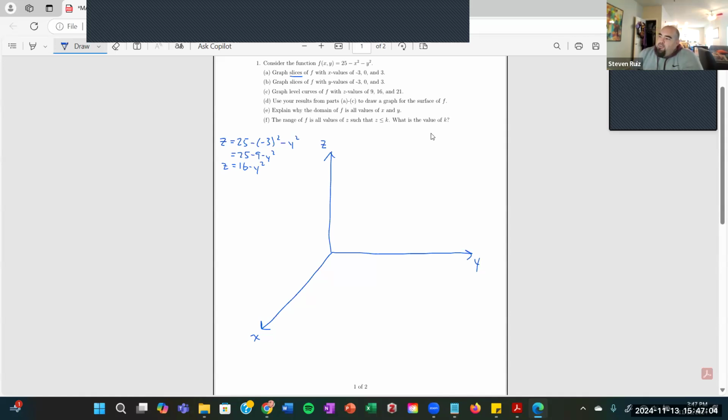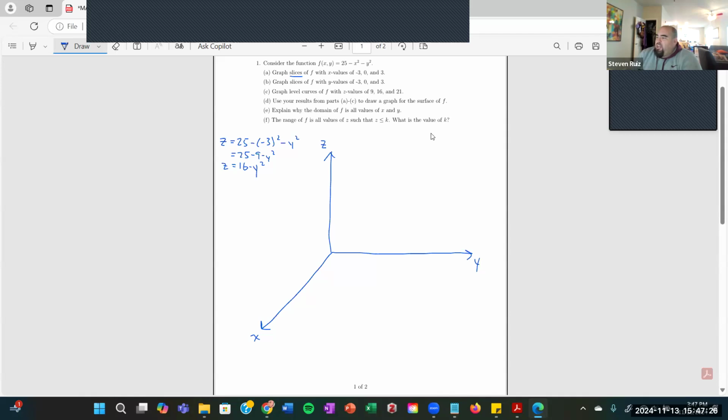Do I know what z equals 16 minus y squared looks like? I know what things of this form look like. That looks like a parabola that opens downwards, so it opens kind of like this. But what variables does it unite? That unites the z and the y variables.